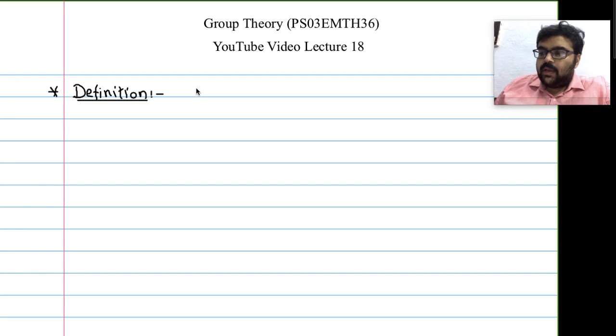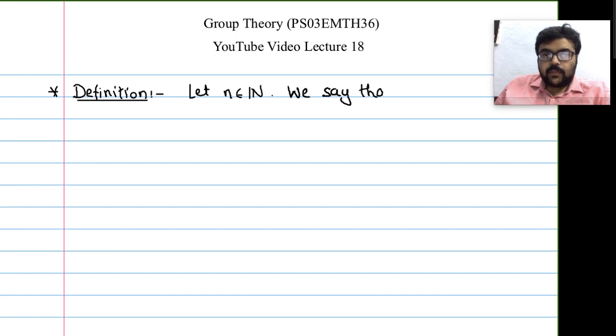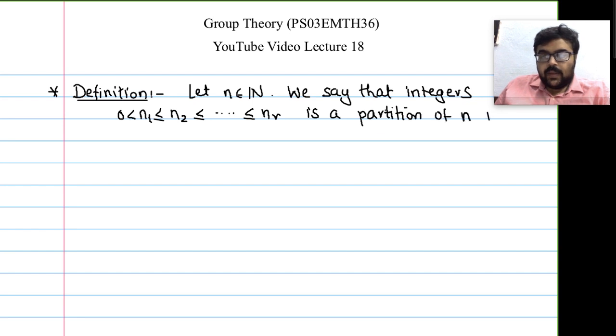So we define what we mean by a partition. Let n belong to the natural numbers, and we say that positive integers n1 less than or equal to n2 less than or equal to and so on less than or equal to nr is a partition of n if we can write n as the sum n1 plus n2 plus up to nr.